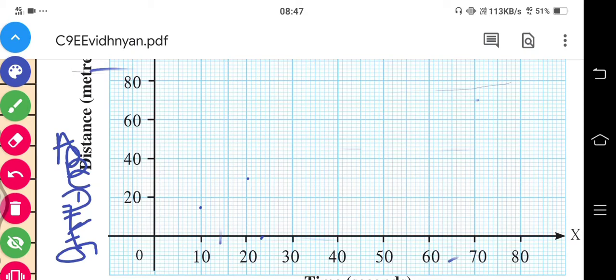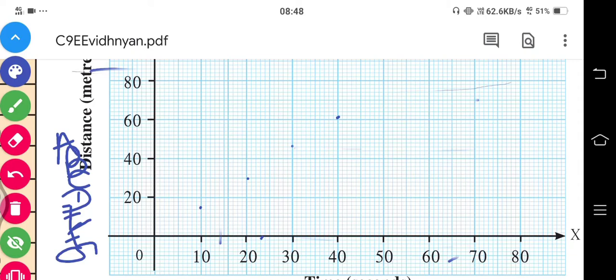So time is 30 and here is 45, above 40 and below 50. Next is time 40 and distance 60. So 40, here is 60.